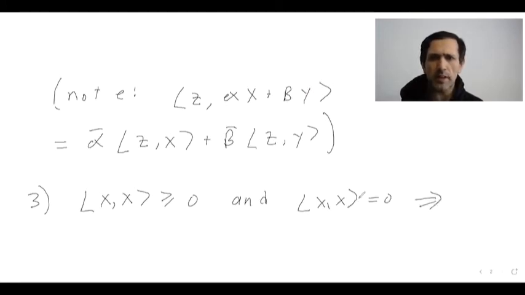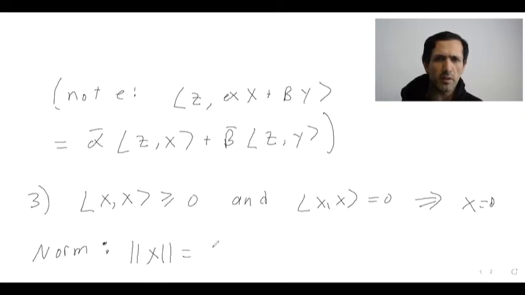And the only way you get this to be 0 is if x equals 0. Okay, so given an inner product space, we can find the norm in the obvious way. We'll take the inner product of x with itself raised to the 1/2 power.